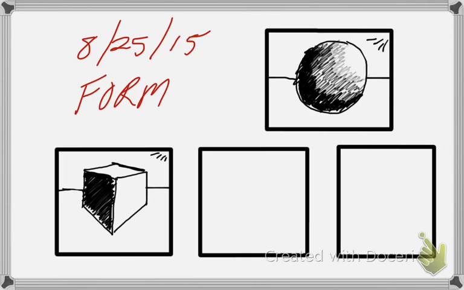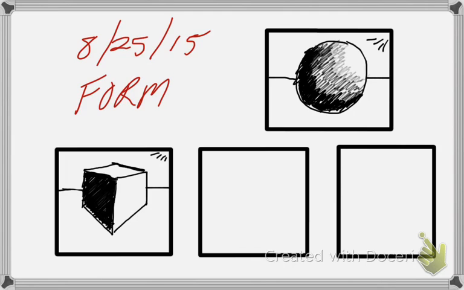Just bring it right to the corners, although on the bottom of the cube, you might want to leave a little bit of reflective space. So that'll separate the cube from the shadow that we're going to make.